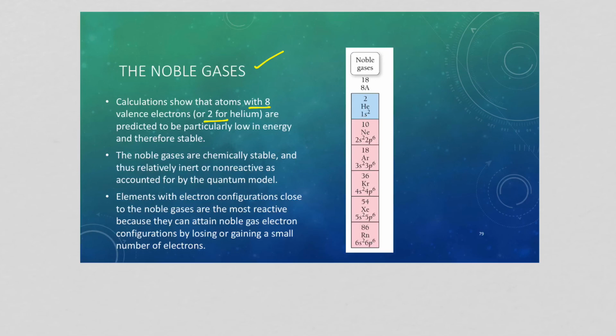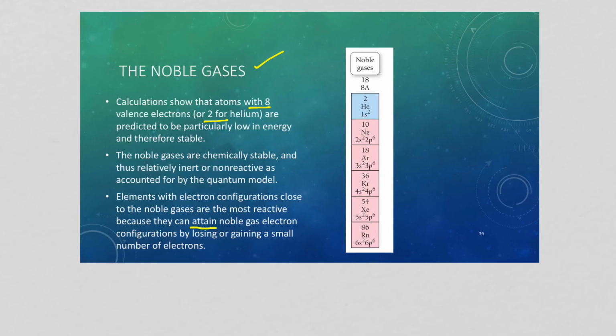It's particularly low in energy and therefore very stable. So as a consequence, we see these as showing very little reactivity, right? They're very stable, relatively inert, non-reactive, as shown in the quantum mechanical model. But that also means elements that have electron configurations that are close to this, like group 7 in the halogens, or group 1 and 2 in the alkali metals and alkaline earth metals, tend to have reasonable reactivity to try to gain or lose electrons, to have an electron configuration that matches, right?